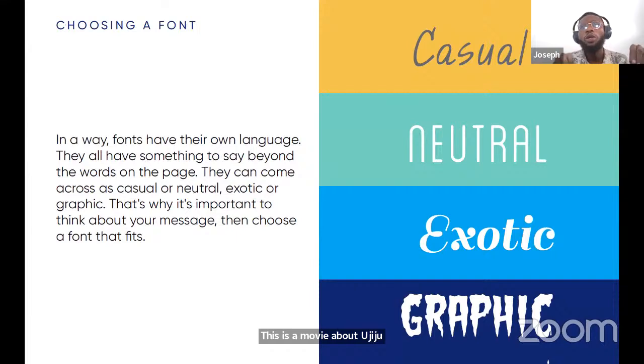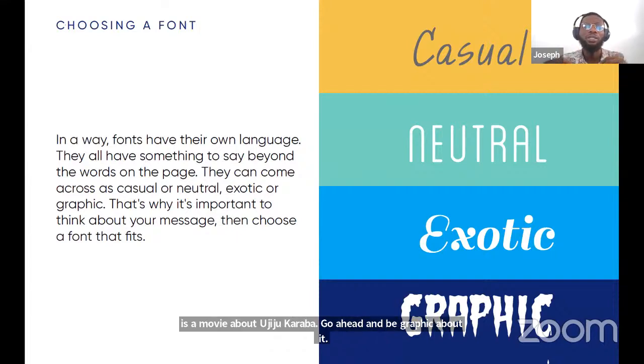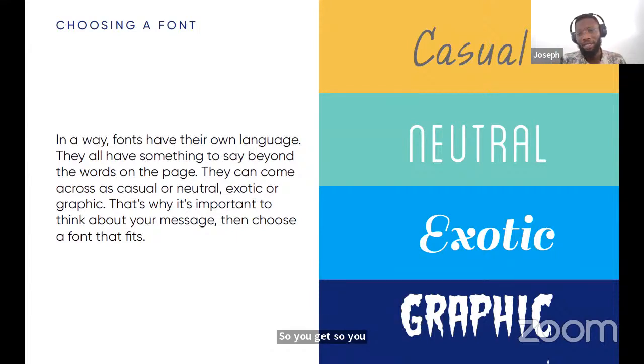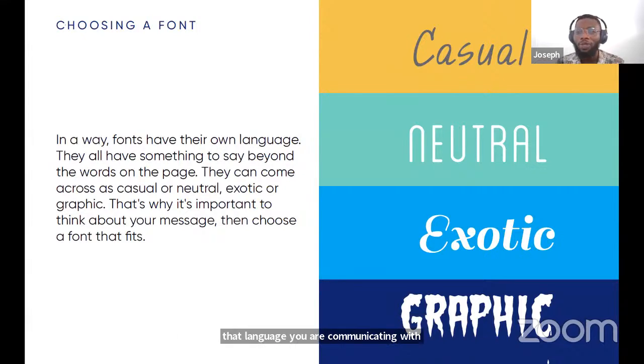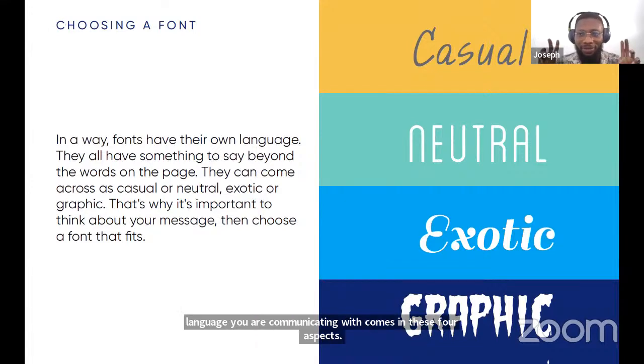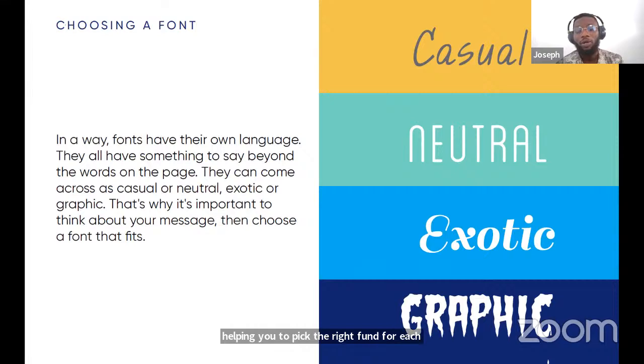So you see the language that your project is trying to communicate. Remember, communication is the basics of graphic design. So when you're communicating, how do you communicate? With language. That language you're communicating with comes in these four aspects, helping you to pick the right font for each communication. I hope that's clear.